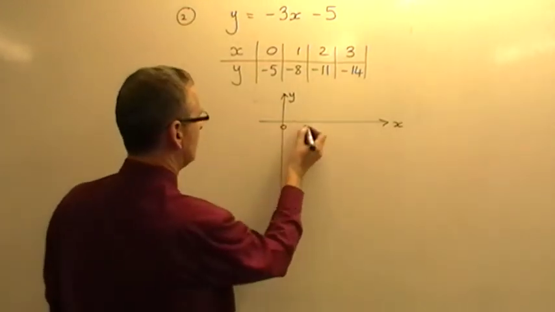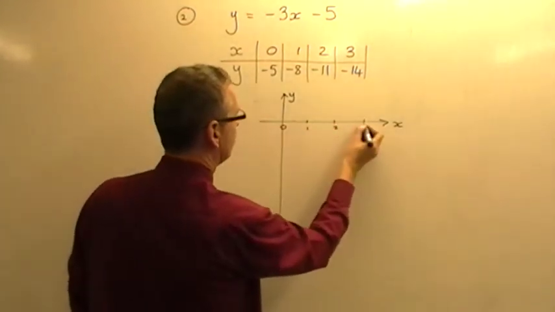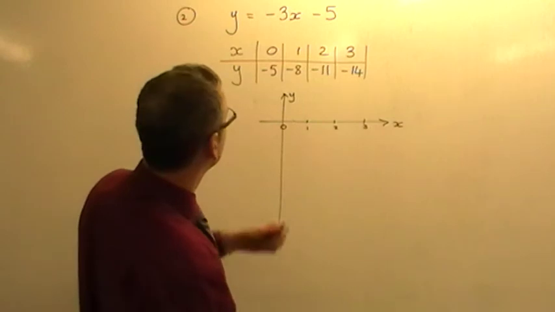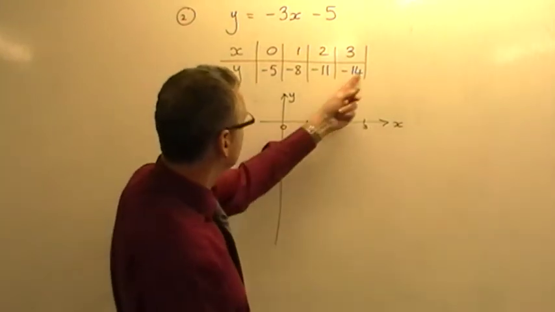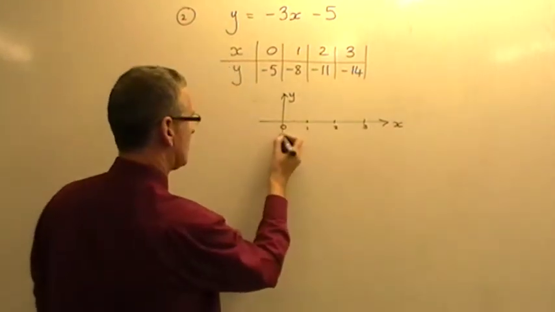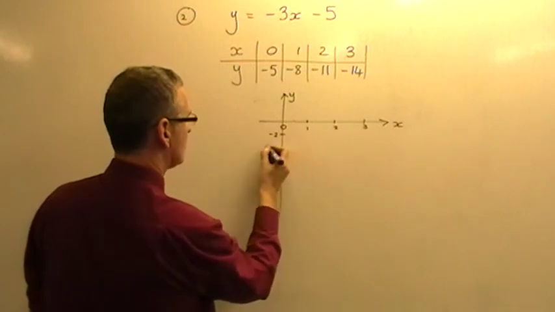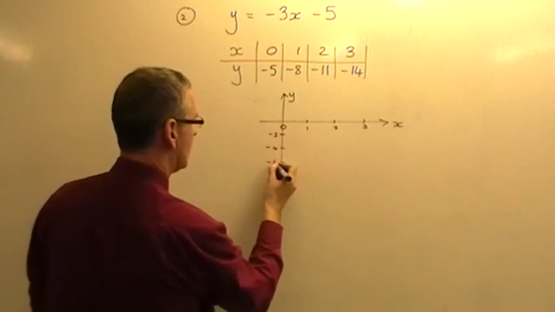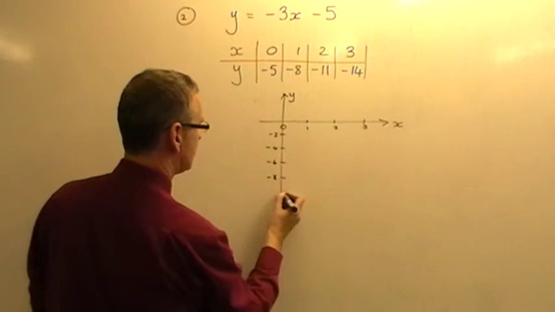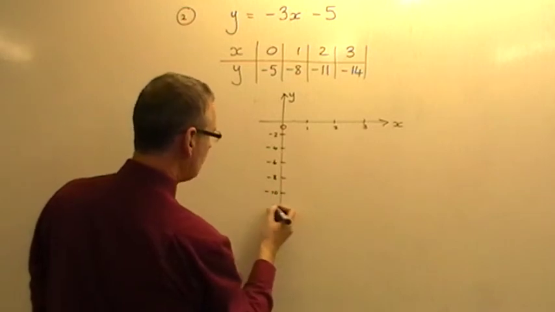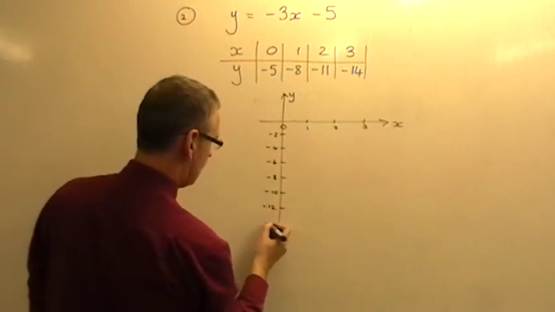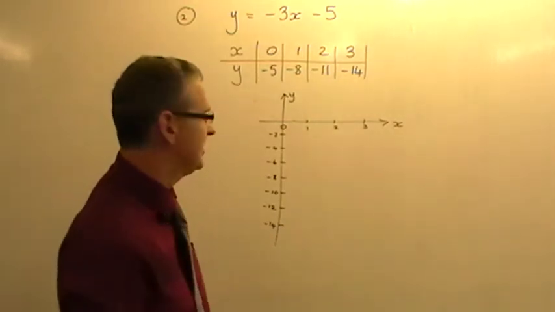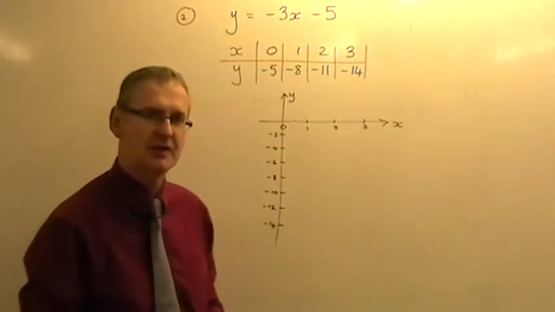The x numbers go 0, 1, 2 and 3. And the y numbers, well, they go down to minus 14. I'll change the scale and go down in 2s. Minus 2, minus 4, minus 6, minus 8, minus 10, minus 12 and minus 14. So there's the axes set up for this particular question.